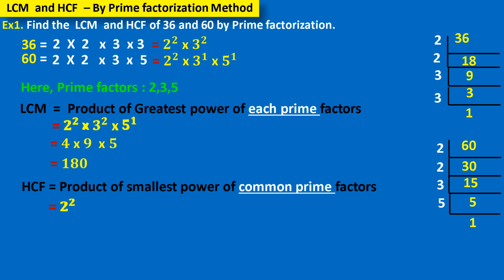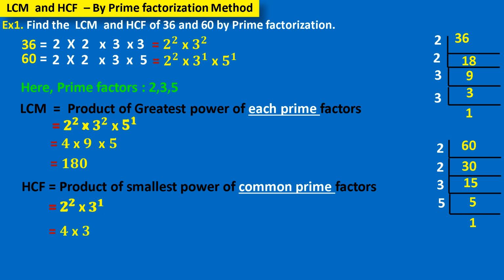Now go to factor 3. Now here in 36, 3 square, in 60, 3 to the power of 1. Which is smallest? 3 to the power of 1. 1 is the smallest power. So that's why it is common and smallest. Now 3 to the power of 1.